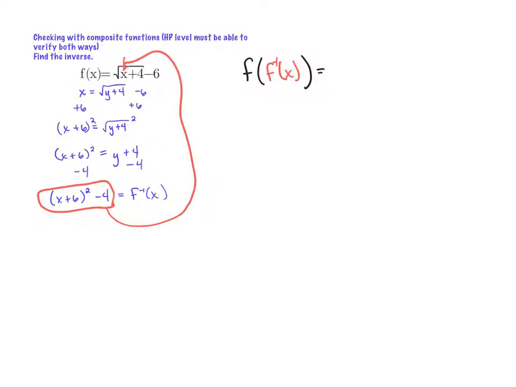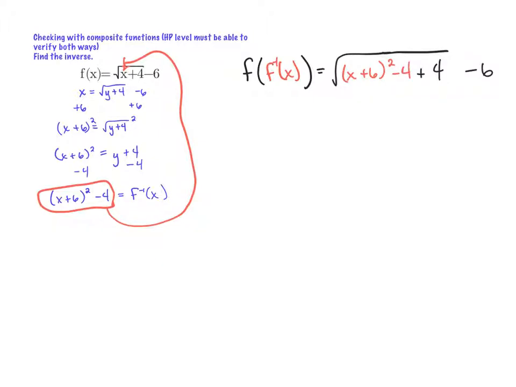So if I write out my original function, the square root of x plus 4, minus 6, I'm taking out that x and plugging in my entire inverse function: x plus 6 squared, minus 4.